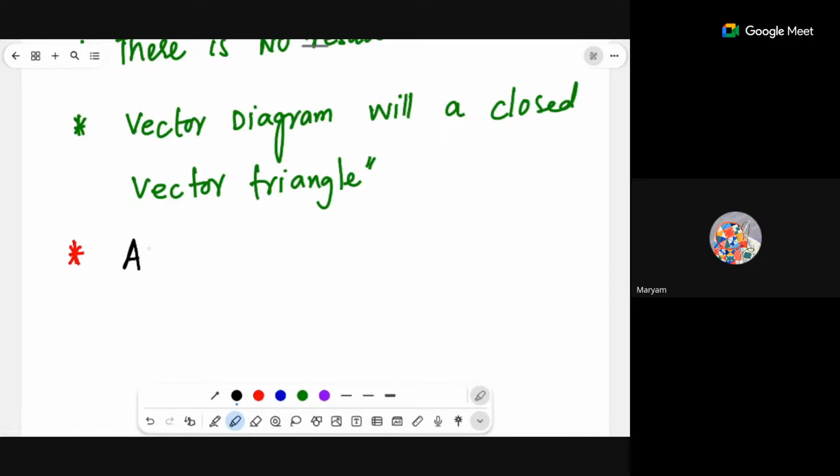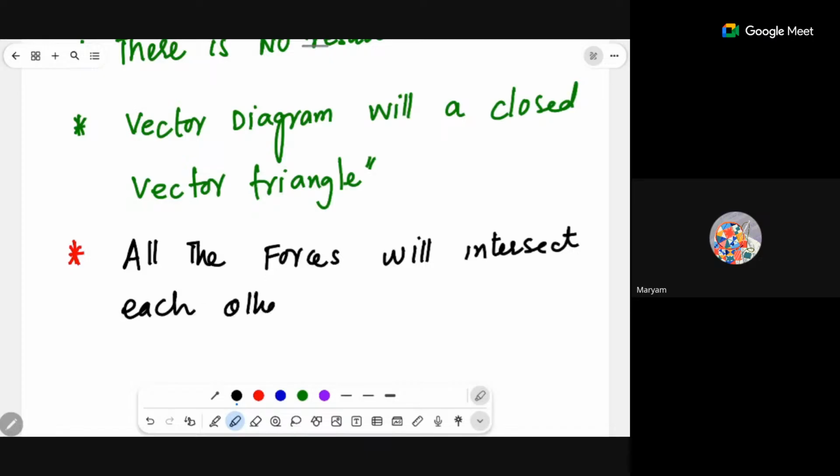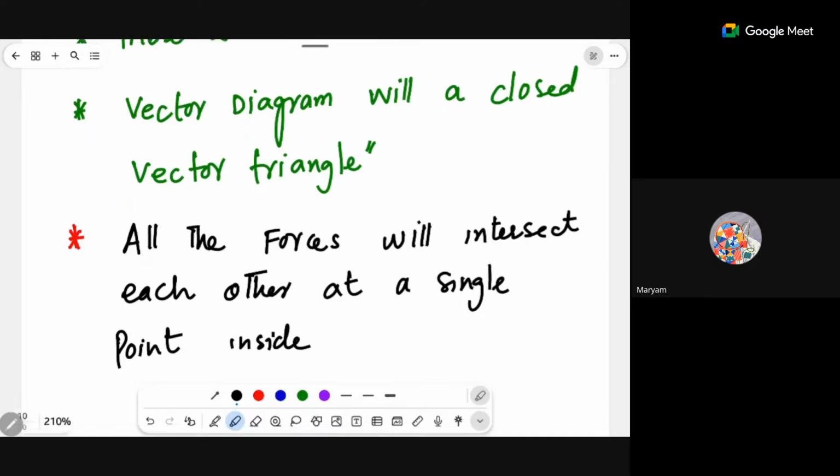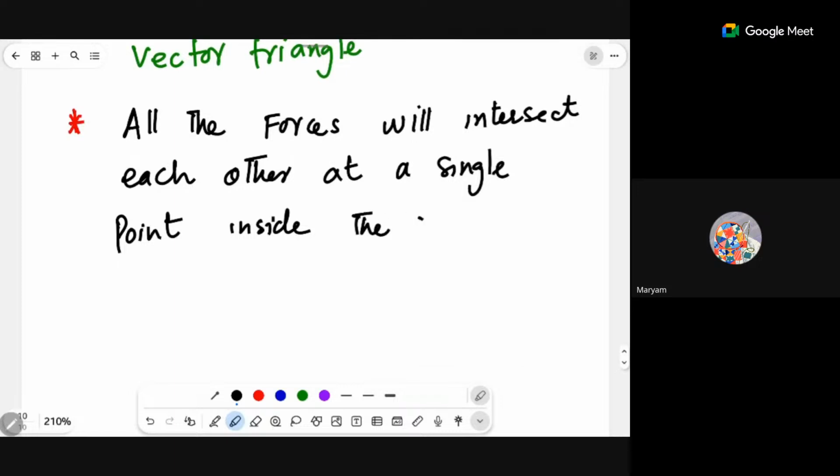Secondly, all the forces will intersect each other at a single point inside the body, right? Inside the body.